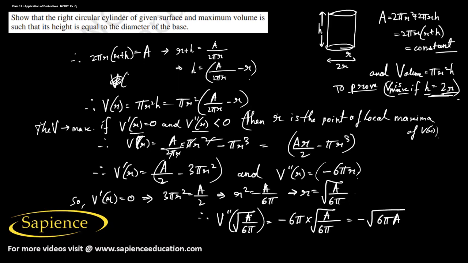So v double dash of this is less than 0.